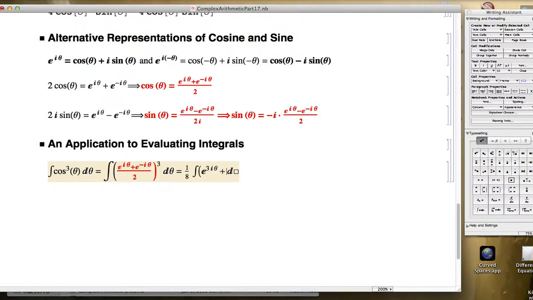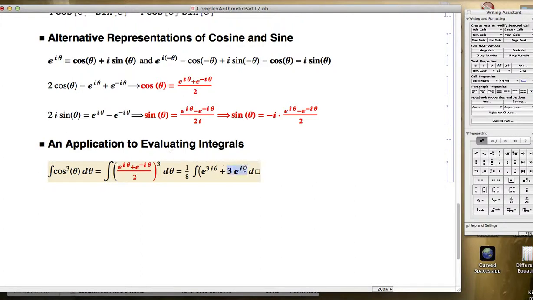Then we're going to add 3 times the first term squared times the second term. And if you think about that, when you square this, you're going to get e to the 2i theta. And when you multiply that by this one, you're just going to get e to the i theta. If you didn't catch that, I'll say it again.